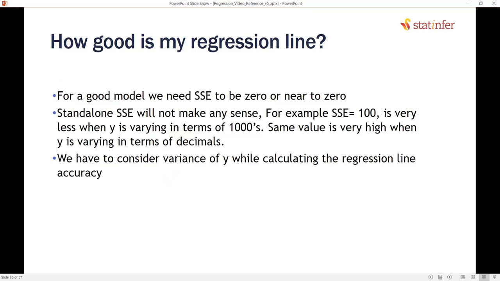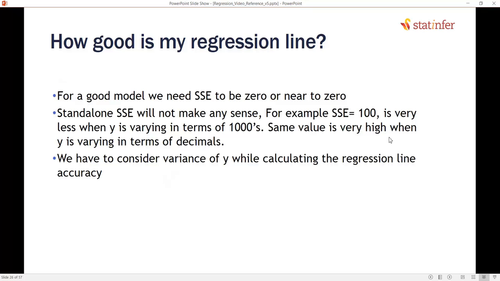The problem is standalone SSE will not make any sense. Sometimes you will say, yeah, this value is near to 0, but it is not actually. Let's take an example. If SSE is 100, is it near to 0 or not? Is it really high or small? We can't tell. Why? Because it is very small when y is varying in terms of thousands or millions. If y is 2 million, 3 million, 4 million, then a deviation of 100 is not really high.